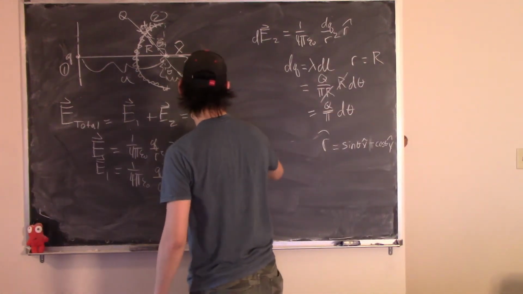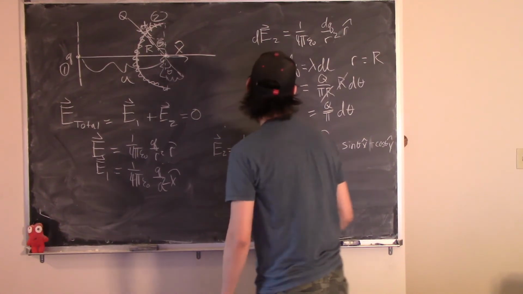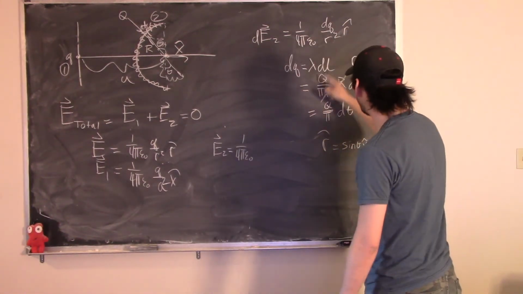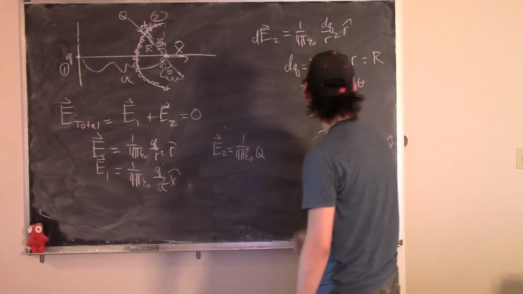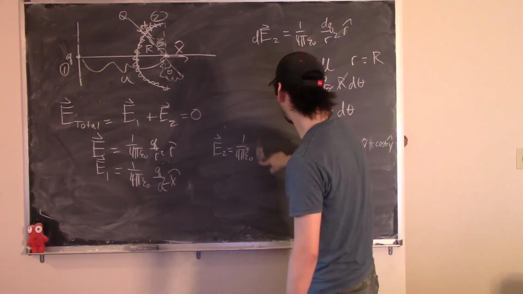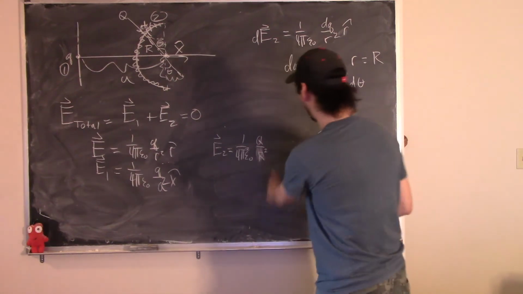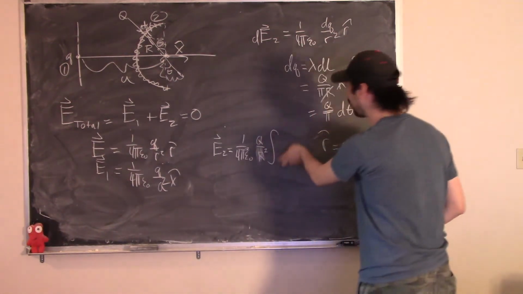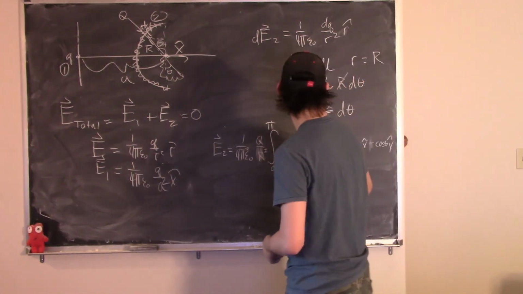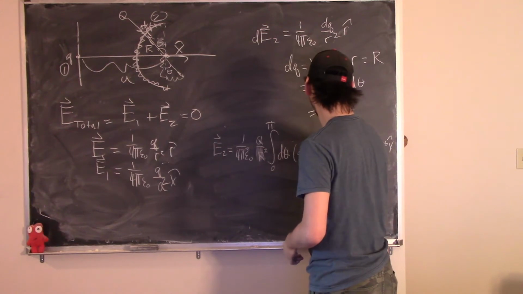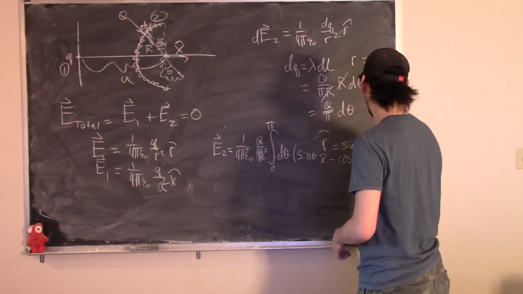And so E vector 2 is going to be equal to 1 over 4 pi epsilon naught times q divided by pi. That gives me a pi squared and a q out front. This is going to be q divided by R squared. Okay, so this is going to be the integral from 0 to pi of d theta times sine of theta x hat minus cosine of theta y hat.